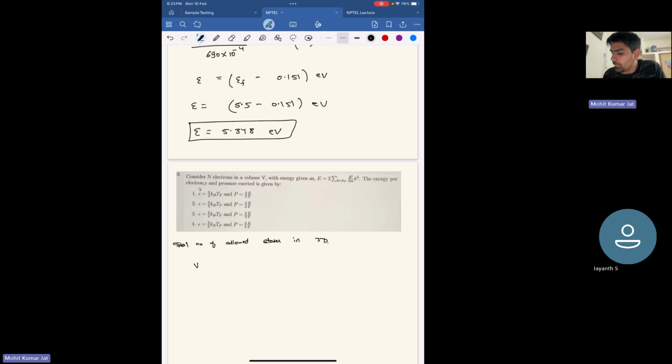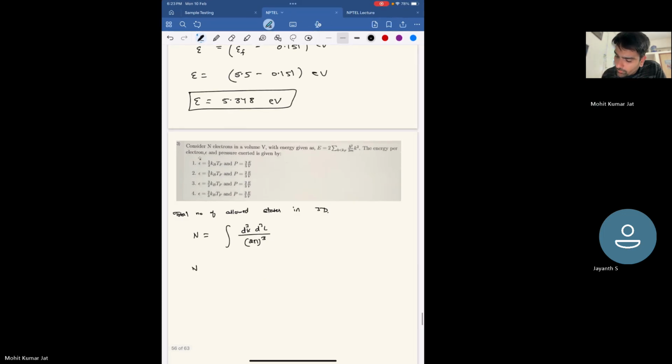We know that N will be nothing but the integration over d³k, V d³k by (2π)³. So N is equal to V, which will be the volume, and d³k I can write as 4π k² dk, from 0 to kF, the states which are filled, divided by (2π)³.